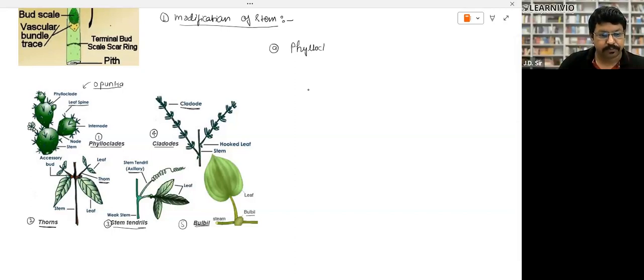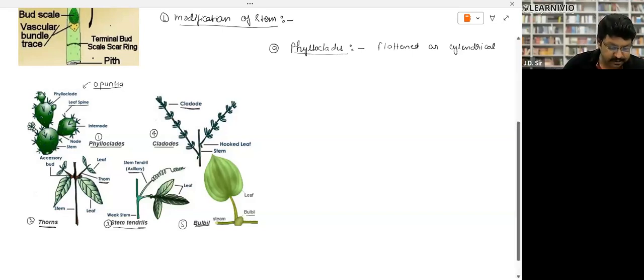Phylloclade. Start writing on phylloclade. First, phylloclades are flattened or cylindrical. There is a plant Euphorbia. In the Euphorbia plant, there is a cylindrical stem.